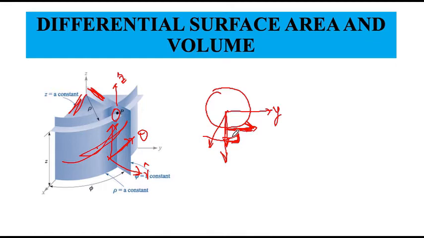It is strange because, supposing I change my angle, I go to some point over here, so I get a new theta now. Tangent is in this direction and r will be in this direction. So z has not changed, but my unit vector r is no longer pointing in this direction, and my unit vector theta is now pointing in this direction. So this is a coordinate system that depends on the point where you are looking.